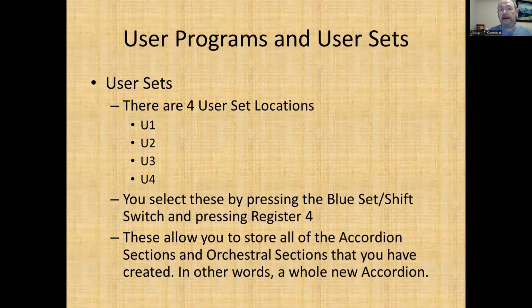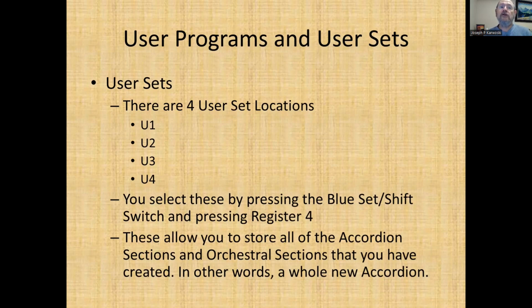I believe that's the iFolk accordion. Boom, you're there. That's a whole set. That changes everything: your orchestral sounds, your bass, your chord, your organ sound. Everything is changed. That's a user set, and you have 16 to start with.